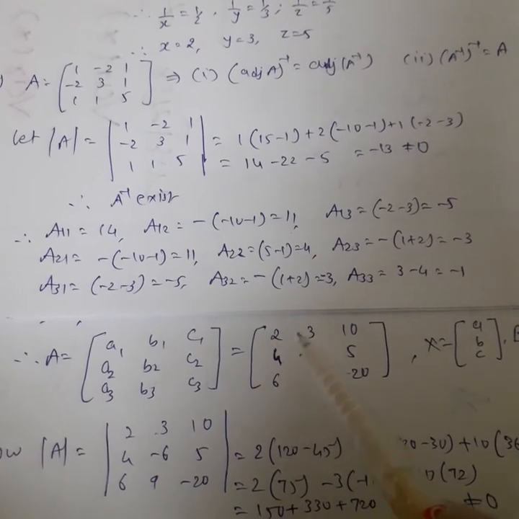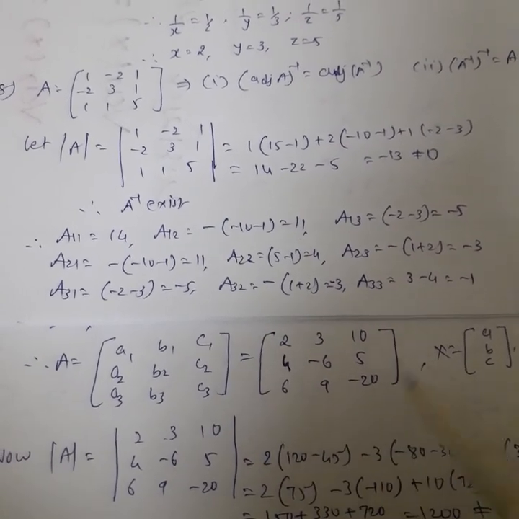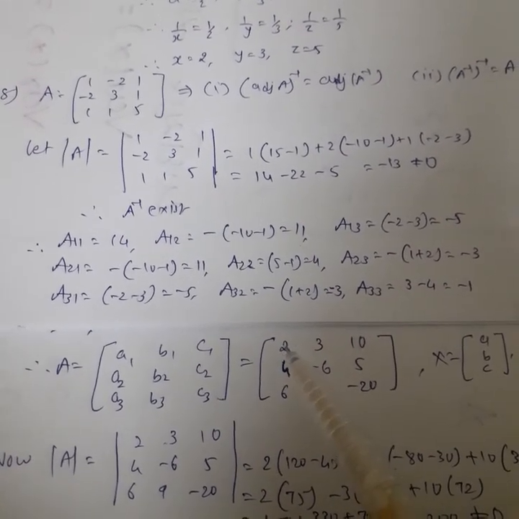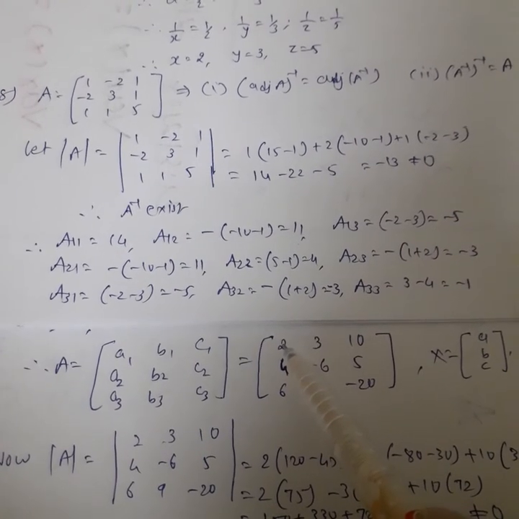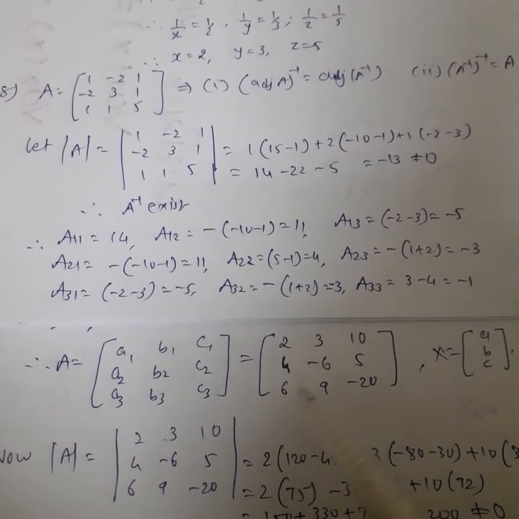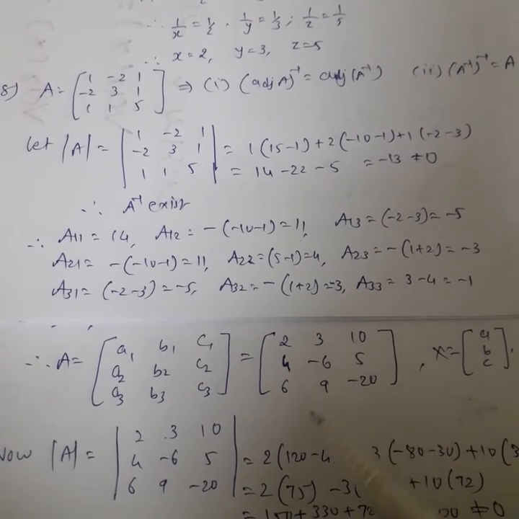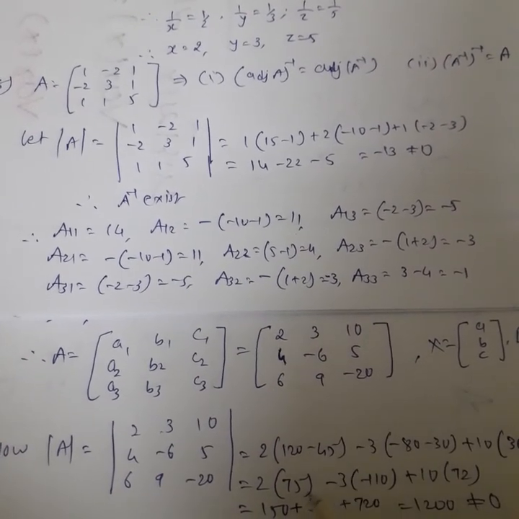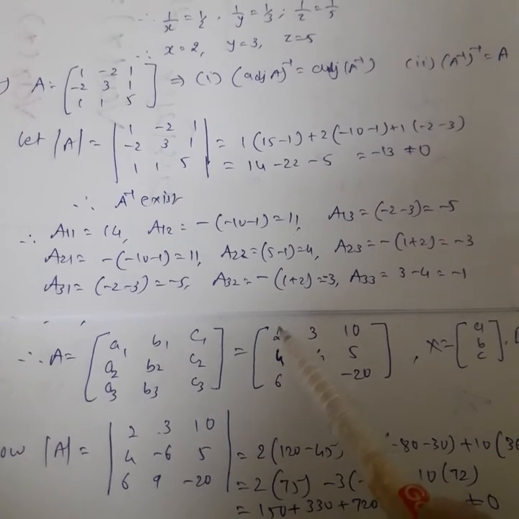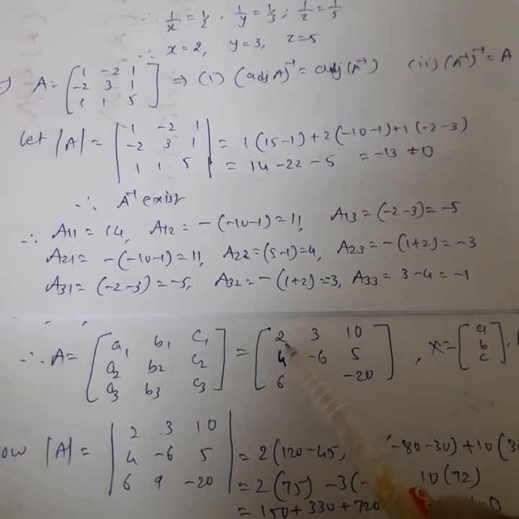So first we have to find the cofactors of each and every element of this matrix. First we find the cofactor of 2, the element of first row first column. The expansion of the remaining entries will be 120 minus 45, that is 75. So the cofactor of 2 is 75.